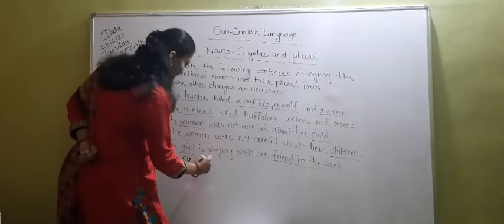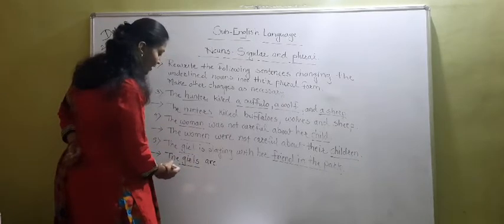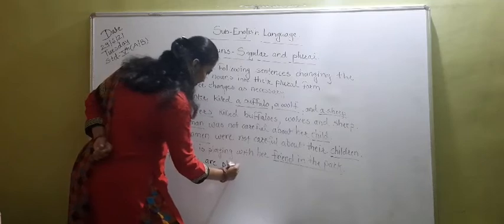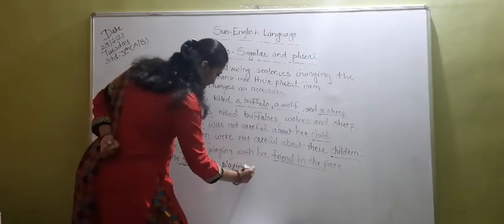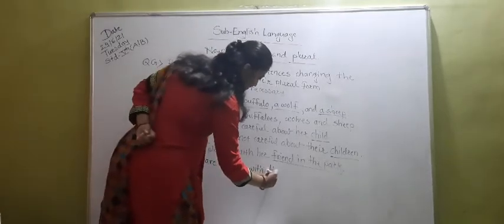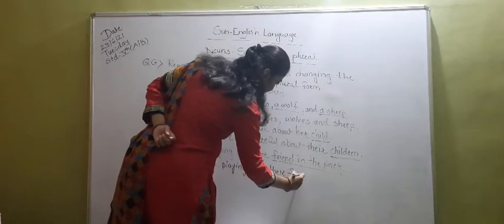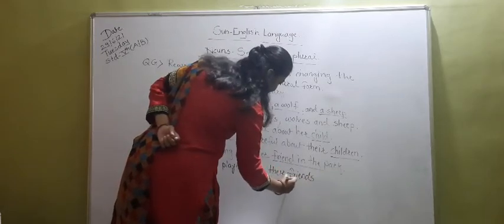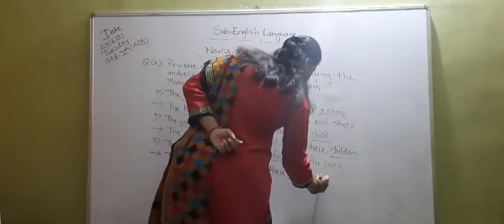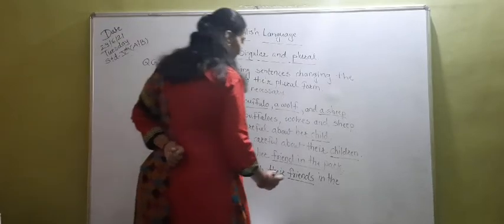So we will write here are, because the subject is plural here. The girls are playing with their friends in the park.